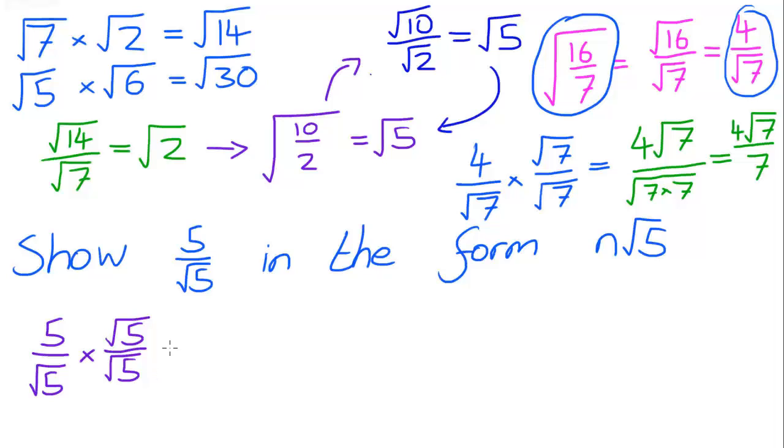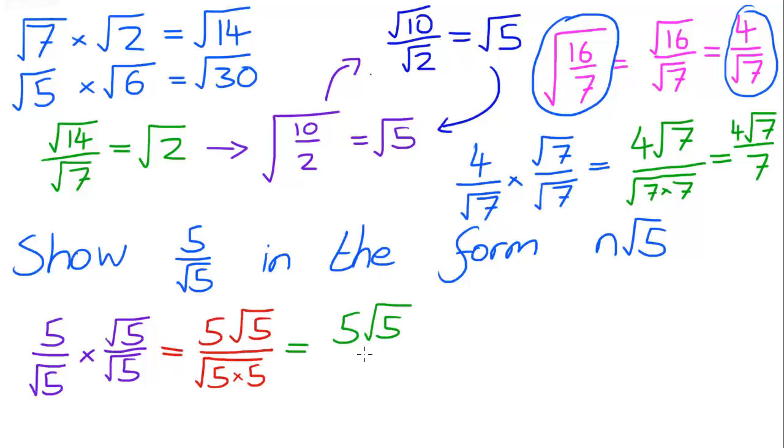So what's that going to be equal to? On the top we're going to have 5 root 5, over the root of, I'll do it longhand, the root of 5 times 5, and in green what we get is 5 root 5 over the square root of 25, which is 5.